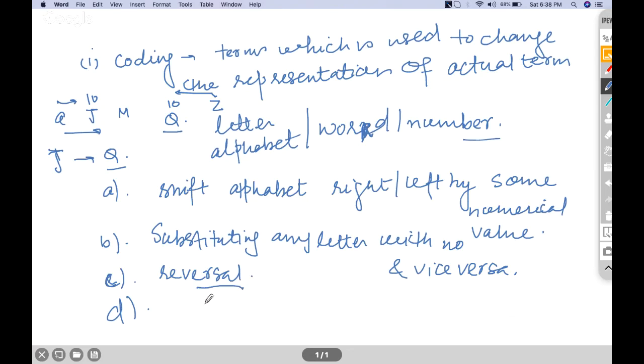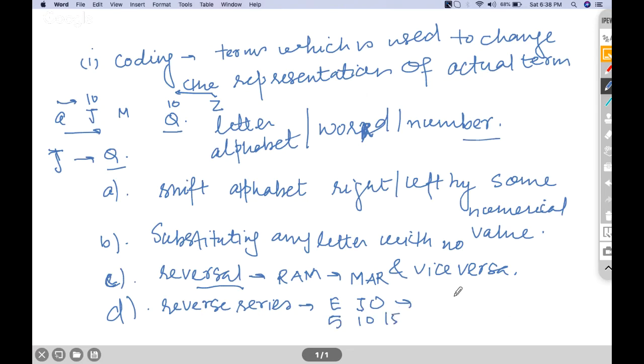This reversal is different. Suppose I'm writing Ram, the reversal of this would be Mar. But I'm talking about reverse series. In reverse series, if I have E, J, O, this is 5, this is 10, this is 15.